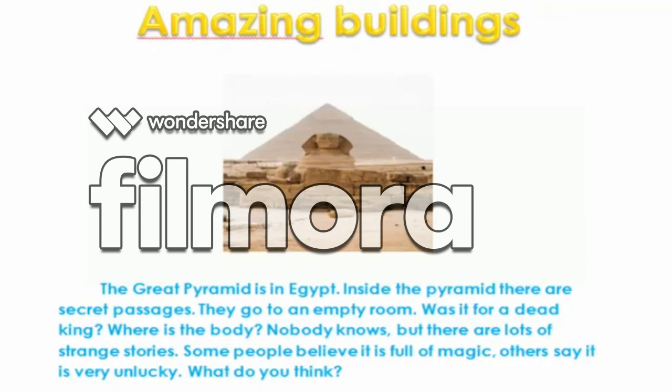It is full مملوءة full of magic والأساطير إلى آخره. Some people believe it. So what does it mean, refer to? What is it? It is those stories, the empty room, what happens in the pyramid. Some people believe it is full of magic. So the story of this room, empty room, the body of the king in the pyramid, some people don't believe it. إذن بعض الناس يعتقدون أنها فقط لا تمت للحقيقة بشيء.